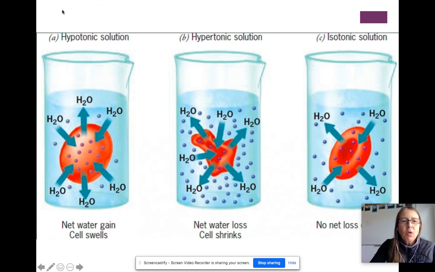In a hypotonic solution, outside the cell is less concentrated, whereas inside the cell is more concentrated, so water moves into the cell. In a hypertonic solution, where the cell is hypotonic, the water will move out of the cell and it will lose mass. In an isotonic solution, there's no net movement, so there'll be no gain or loss in mass.